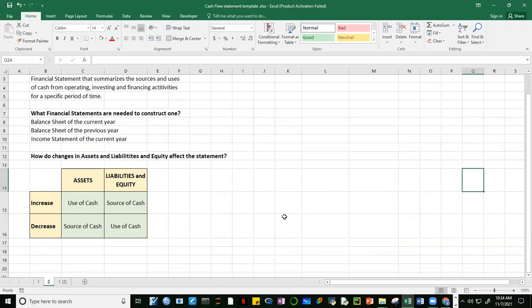When property, plant, and equipment increases, then it's indicative that there's a use of cash. On the other hand, when liabilities and equity increase, that means it's a source of cash. More borrowings means more cash entering the company, okay? And the reverse is true for assets and liabilities and equity.